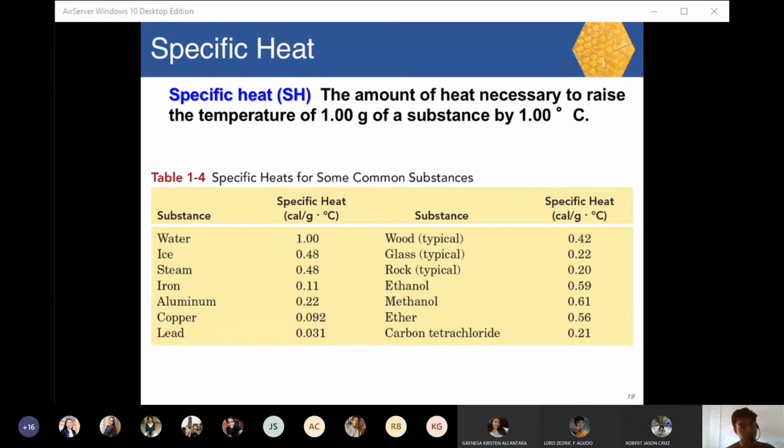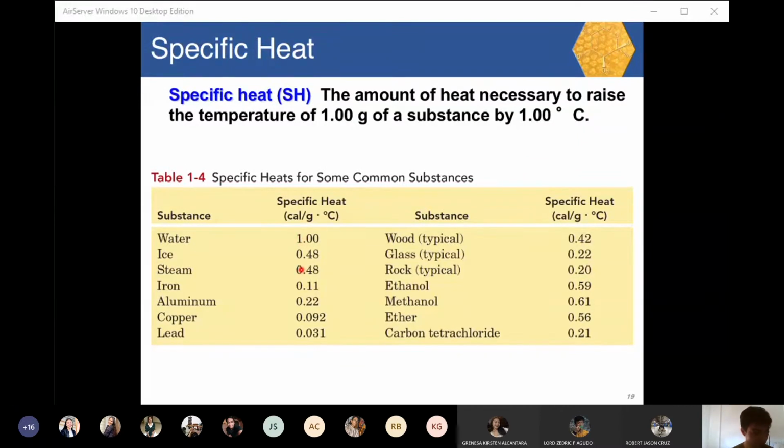So every object, they have different specific heats. Meaning, iba-iba yung dami ng energy that you have to provide in order for its temperature to be increased. So for example, for water, if you want to raise the temperature of your water by 1 degree Celsius, you need to apply 1 calorie.